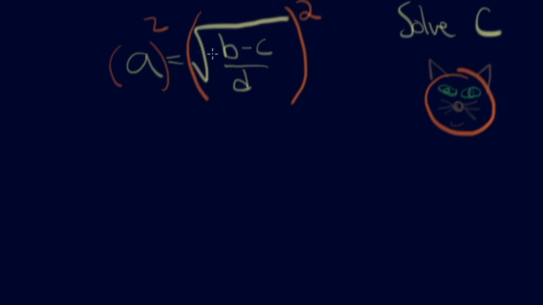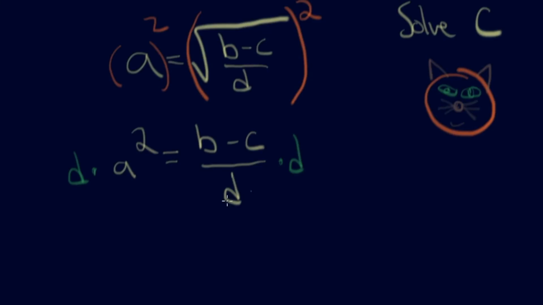So I'm going to square that. What's that going to leave me with? A squared is equal to, well, this completely gets rid of this. It's awesome, and it leaves me just with b minus c over d. We're almost there. How do I get rid of the d? Using all your algebra skills, I'm going to multiply both sides by d.